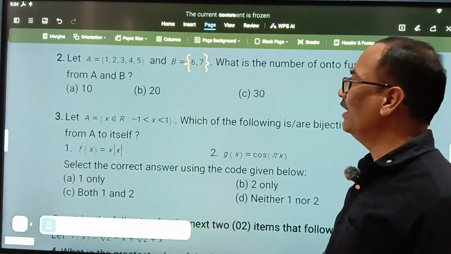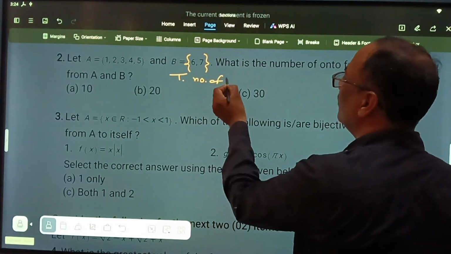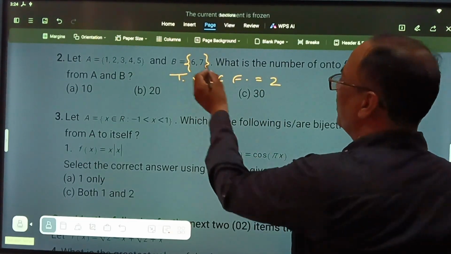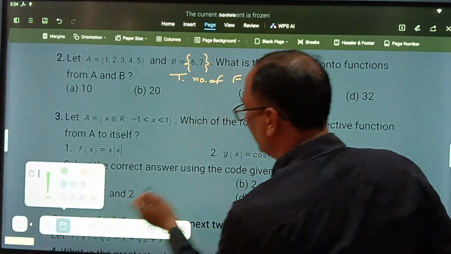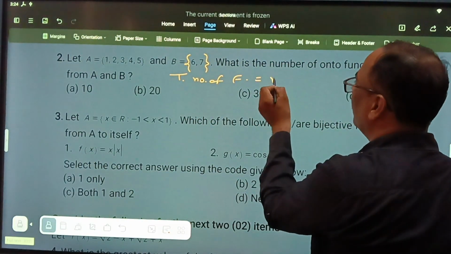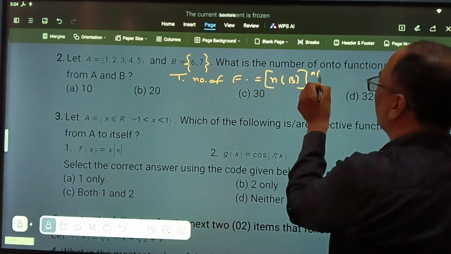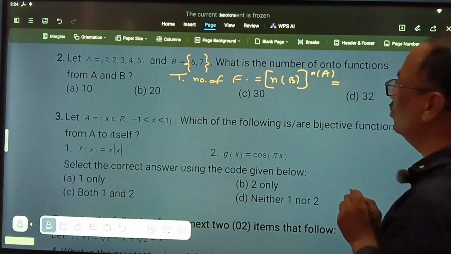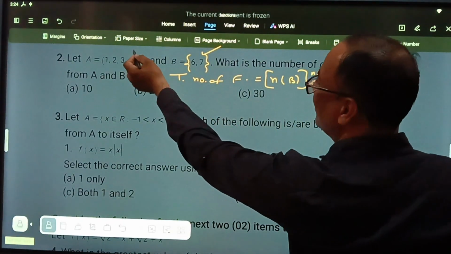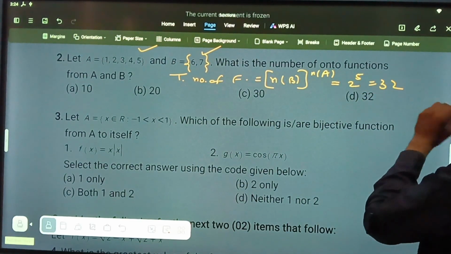So definitely we know very well, total number of functions are number of elements in B raised to power number of elements in A. B contains 2 elements and A contains 5 elements. So this is 2 raised to power 5, which is equal to 32.